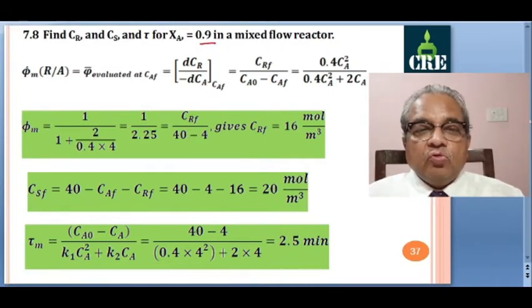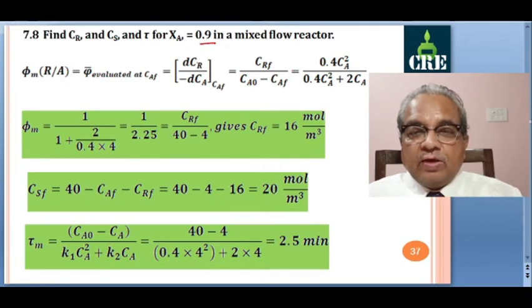For a mixed flow reactor, capital phi m is the overall yield, which is nothing but the mean instantaneous yield evaluated at CAF. So we can write CRF divided by (Ca0 minus CAF), equal to K1 Ca square divided by (K1 Ca square plus K2 Ca).